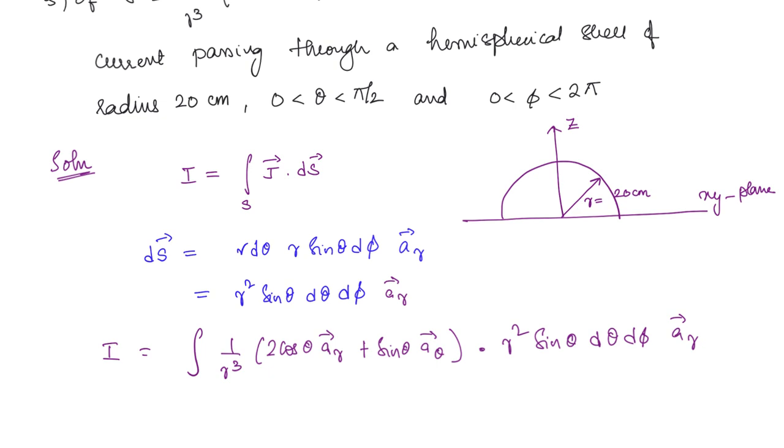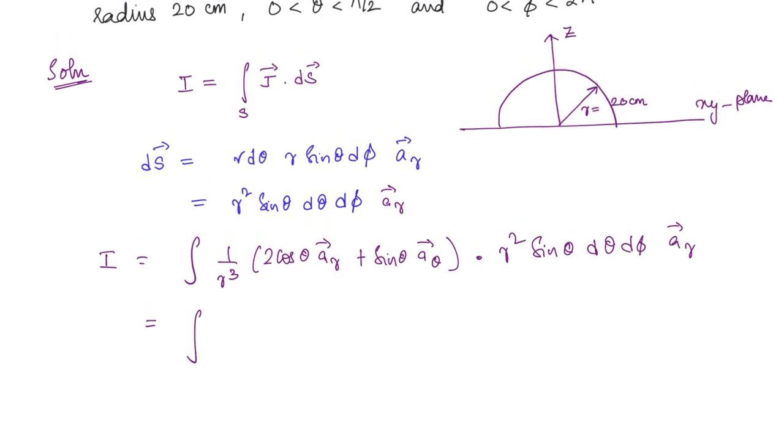If you do the dot product, only the AR term is going to remain, because A theta dot AR is 0 since they are mutually perpendicular. So the expression you get is the surface integral of 1 by R cube into 2 cos theta into R square sin theta D theta D phi. Here theta and phi are the only variables. R is not a variable.